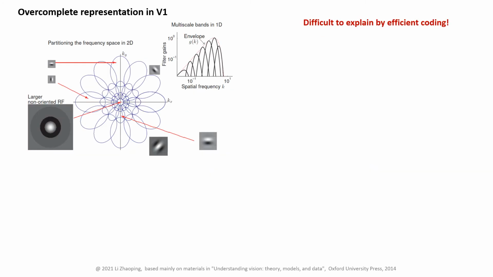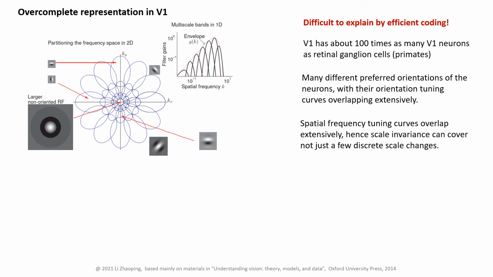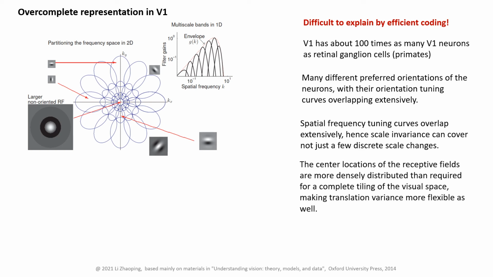Overcompleteness is difficult to understand by efficient coding alone. V1 has about 100 times as many neurons as retinal ganglion cells, and there are many different preferred frequencies and orientations of the neurons, and the orientation tuning curves and frequency tuning curves overlap extensively, and at each location there are many more neurons, and the receptive fields overlap much more extensively and more densely distributed than required for a complete tiling of the visual space.